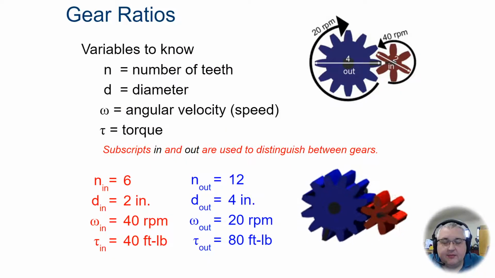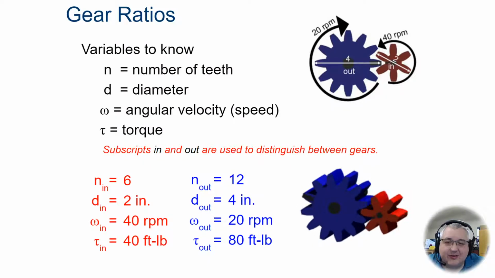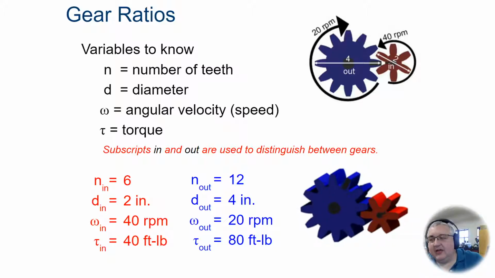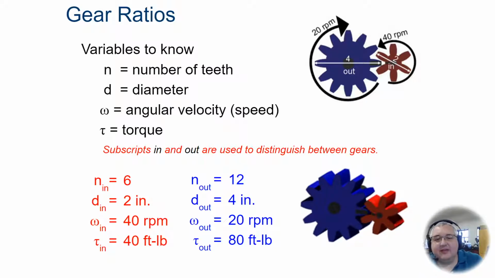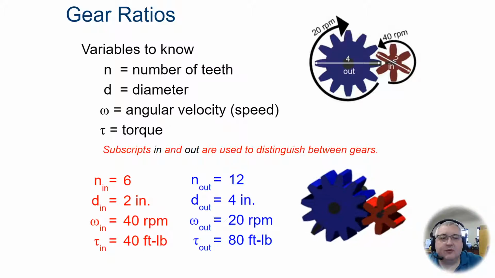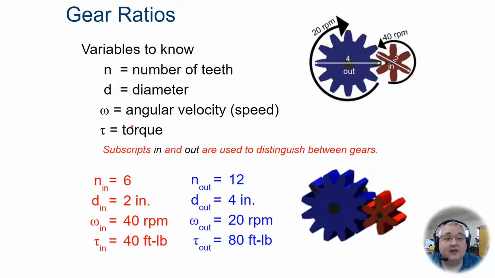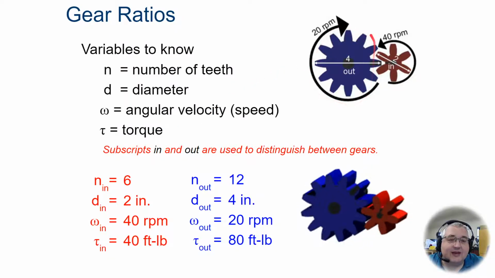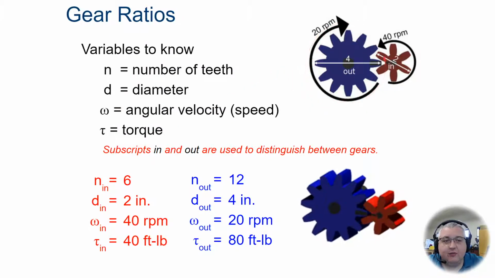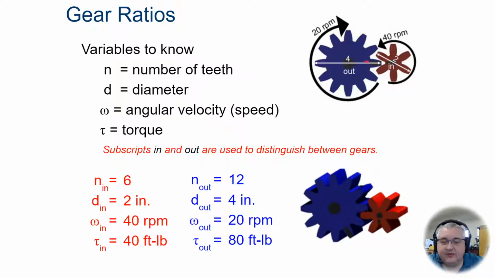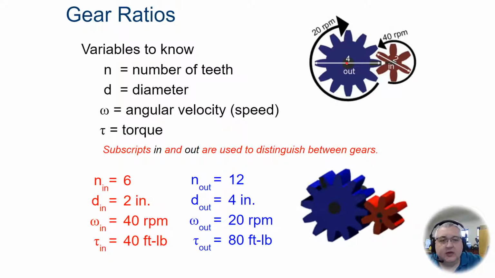It's easier if you just think about drawing a W, but that's angular velocity, or the easiest way to think about that is the speed at which the gear is turning. If we want to be super correct, it's the rate of change: you pick a tooth, how fast is that angle between it and the center changing. But just think about it as the speed of the gear.